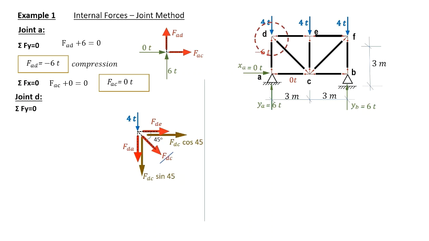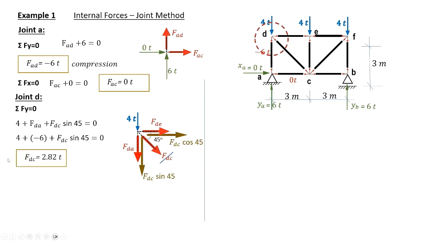Taking sigma forces in the y direction, we have the 4 tons, FDA previously computed to be minus 6 tons, and the only unknown to be FDC. We substitute for FDA by its value and we respect the sign, the negative sign here. So we substitute by minus 6 tons and we are left with the only unknown FDC to be 2.82 tons.